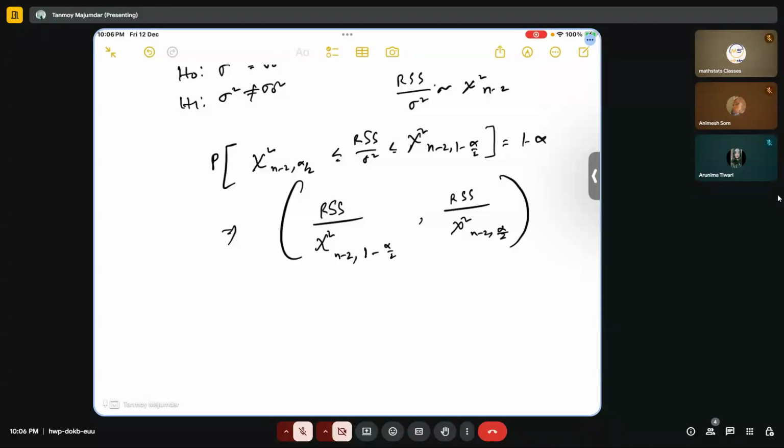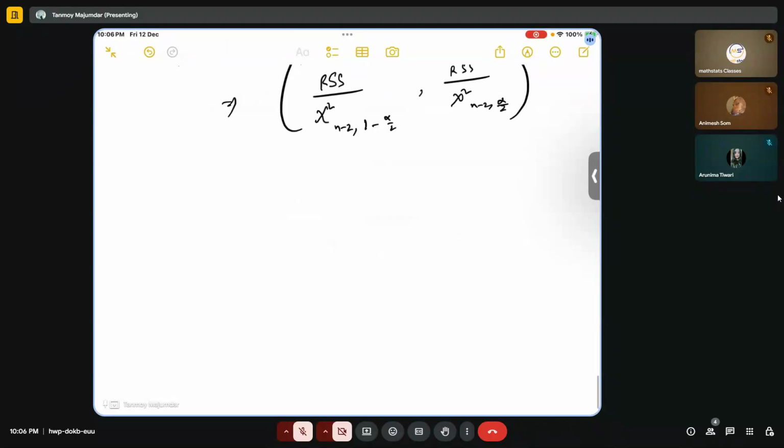Okay, and one more thing: what will be the joint confidence interval for b naught and b1? So there is a joint confidence interval for beta naught and beta 1.